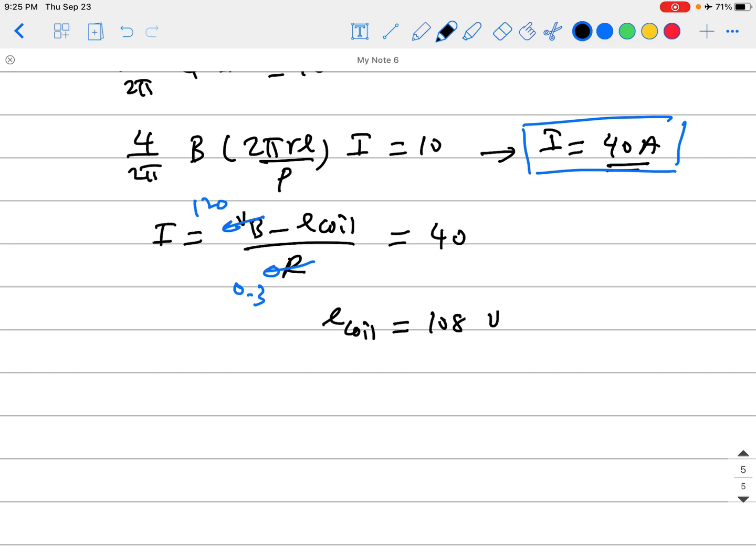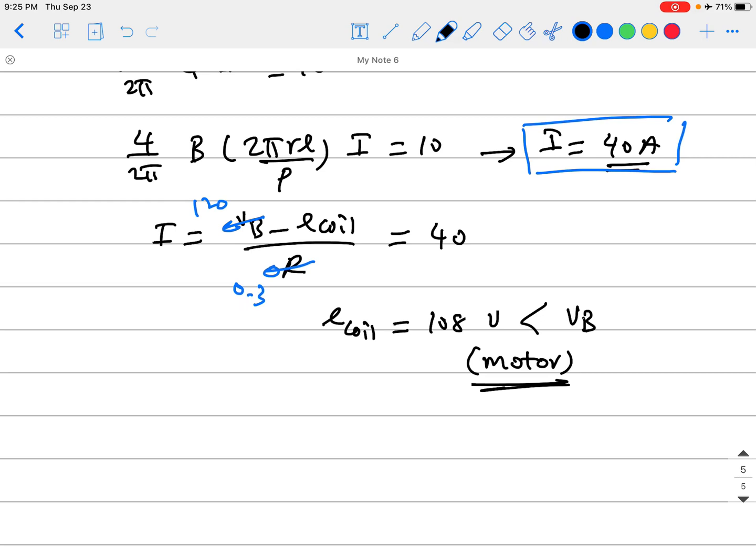He was asking you if this machine is a generator or a motor. It's now obvious. As I said to you, for a generator, this E coil has to be higher than VB. VB equals 120 and E coil is 108. If it is less than this, that means it is a motor.